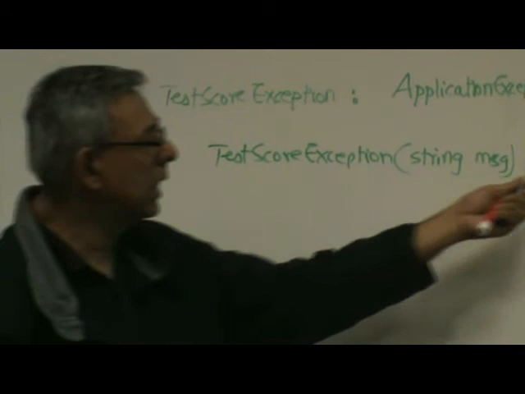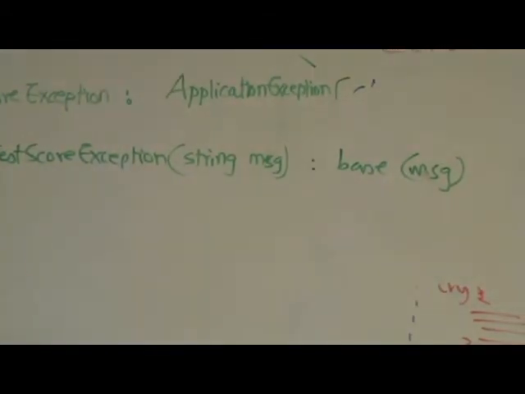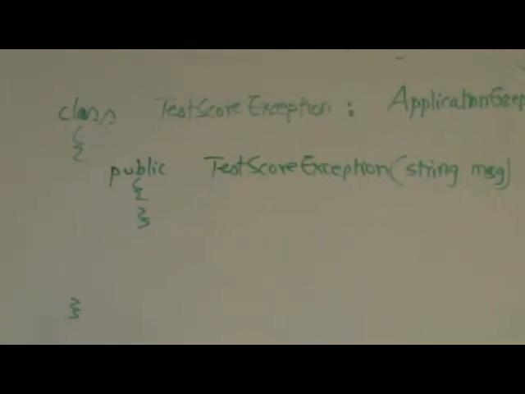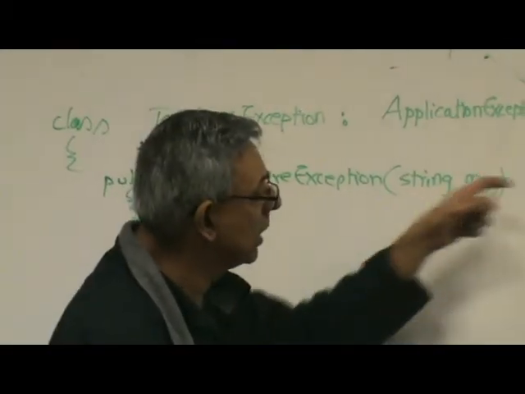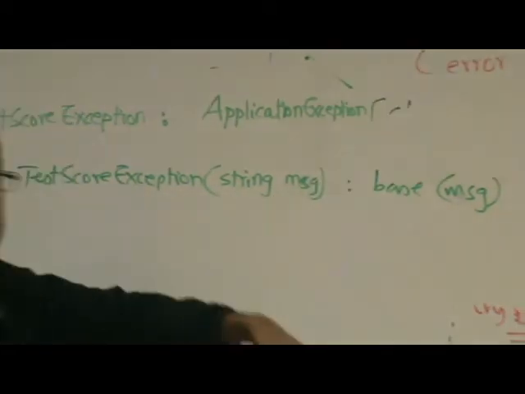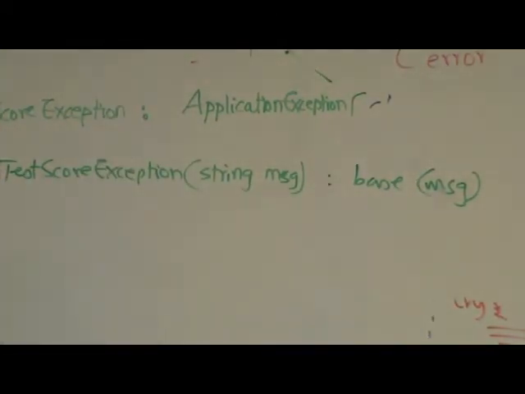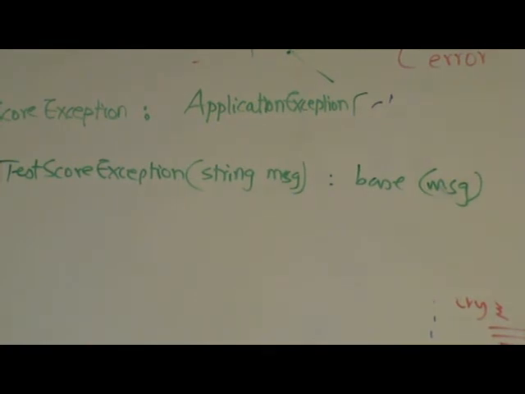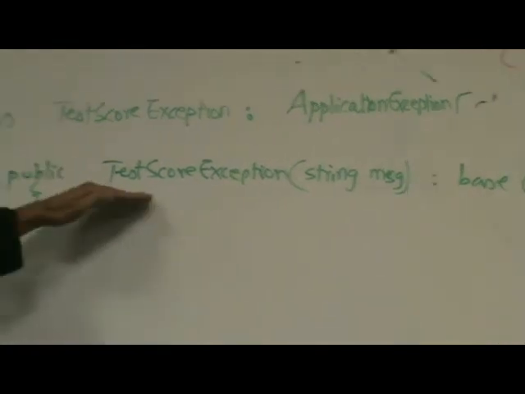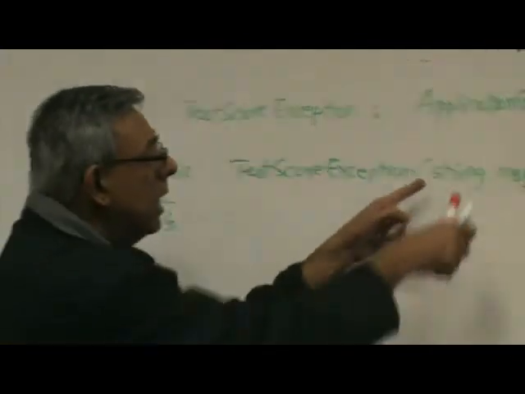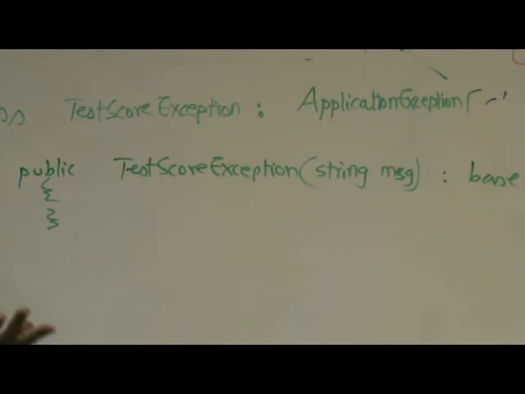So remember, this is called the initializer list. If you have to trigger the base class constructor or any method in the base class, in your constructor, it has to be done before anything else. So just like C++, this will trigger the base class exception. So now, anytime somebody wrote throw new test score exception, they can give us a message which we can store.